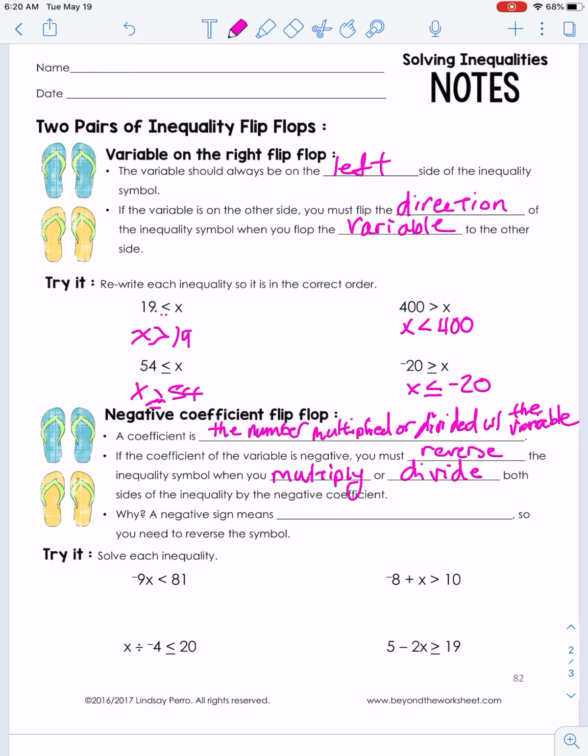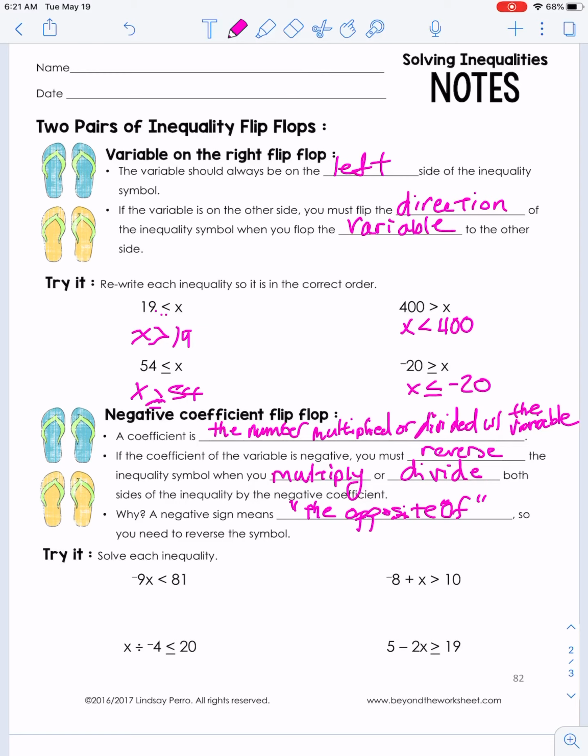Why? It's because the negative sign means the opposite of. So you need to reverse the symbol.